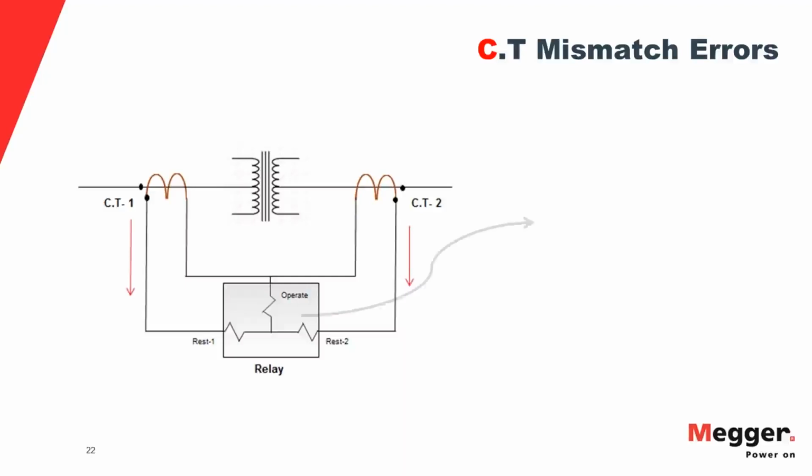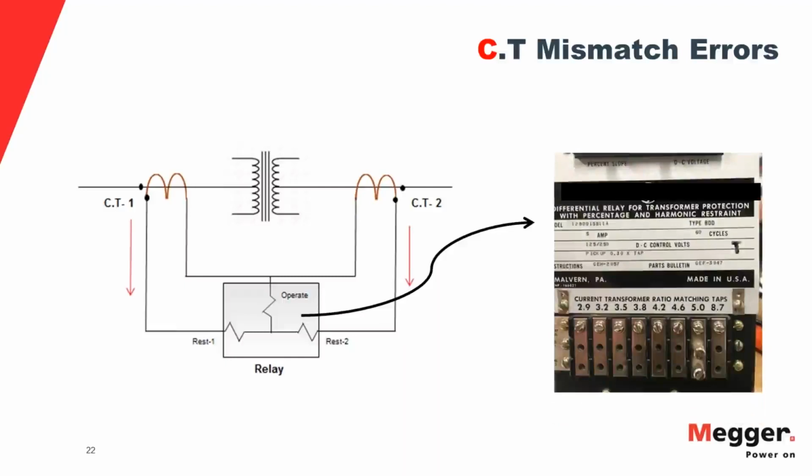In an electromechanical differential relay, there are something called current transformer ratio matching taps. These taps are nothing but the value of secondary current entering the relay, and based on these tap values, the pickup of a differential relay is defined.